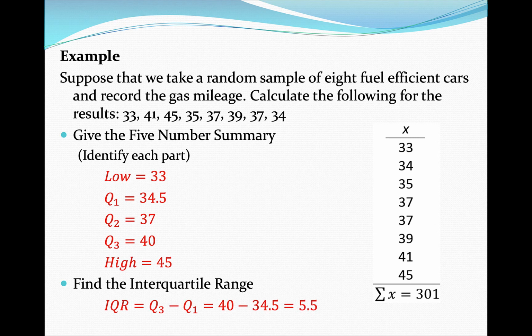So you do have to get Q3 and Q1 correct in order to get this right. But the interquartile range is nothing more than just taking the Q3 value, subtracting the Q1 value. You can see here for this data set that's 5.5. So basically what IQR gives you is the range of the middle 50% of the data. That's something that's of course easy to see whenever you look at the graph that we're going to create based on these quartiles, as you see commonly that middle 50% of your data.